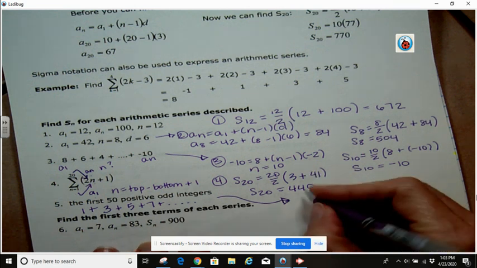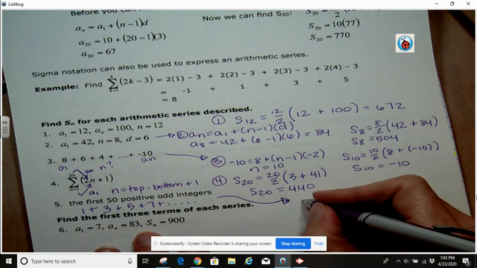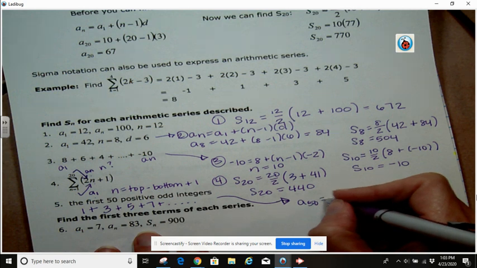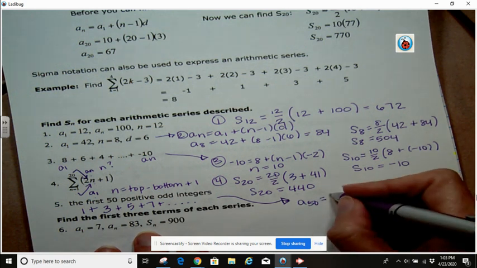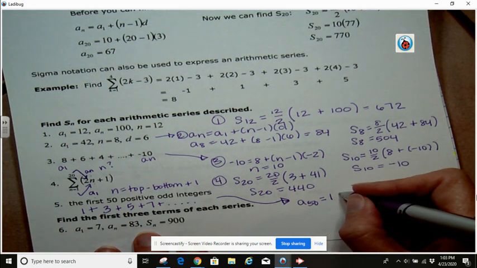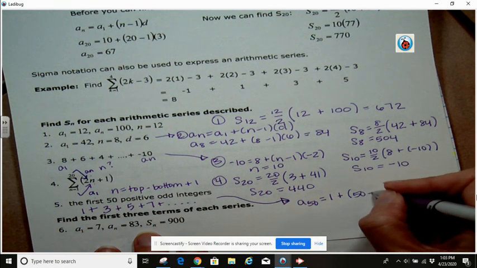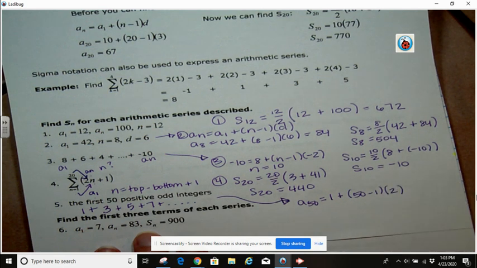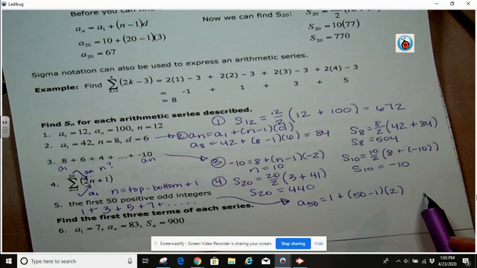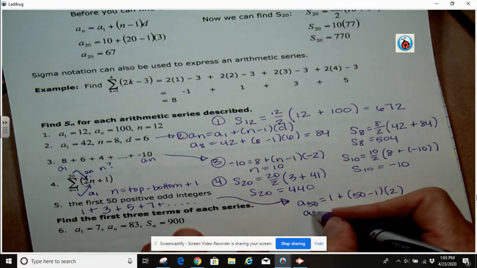Okay, so I know that n is 50. So I'm trying to find what the 50th positive odd integer is if the first one is 1, n is 50, and the common difference is 2. And if you do that, then you end up finding out that the 50th positive odd integer is 99.